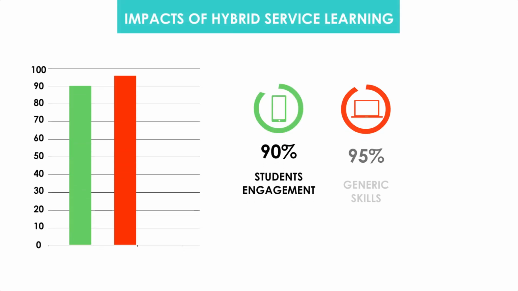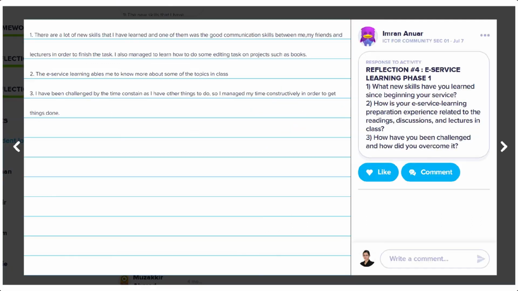The results from this study showed that gamified hybrid service learning had a positive impact on students' engagement and generic skills. Hybrid service learning through GameCell has fostered students' engagement, which at the same time is able to support the mastery of skills as well as their knowledge development.